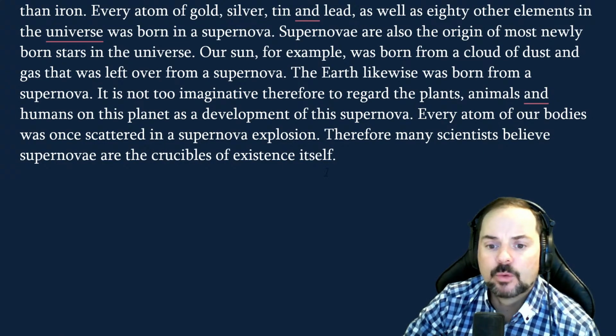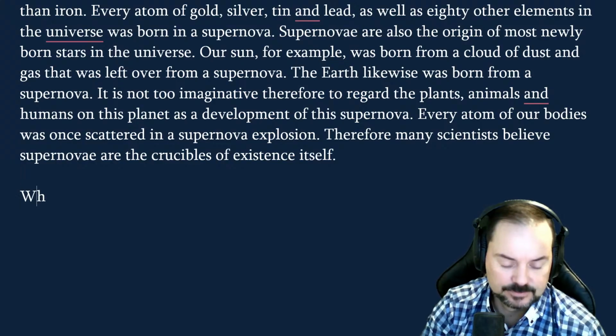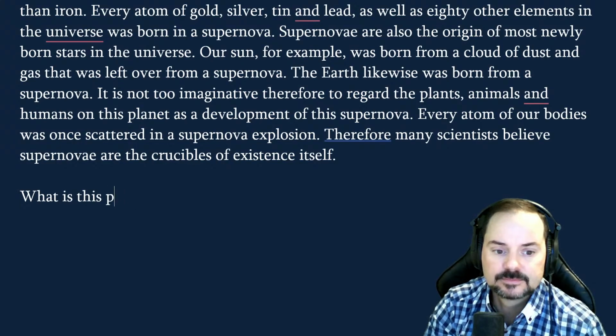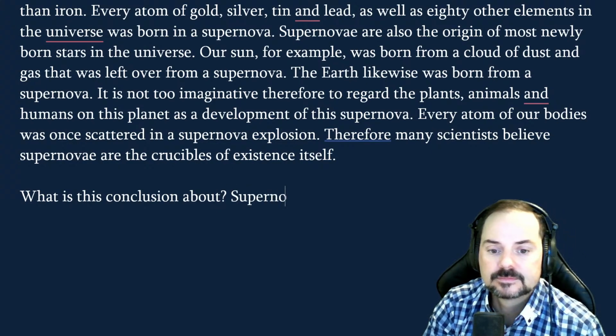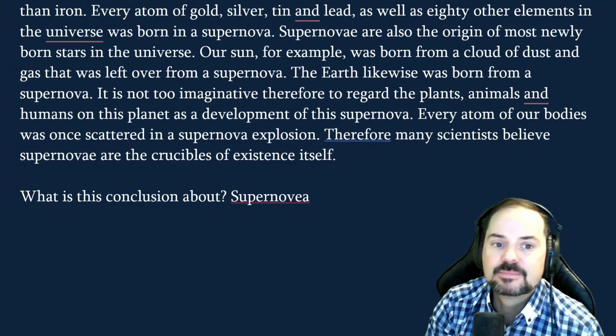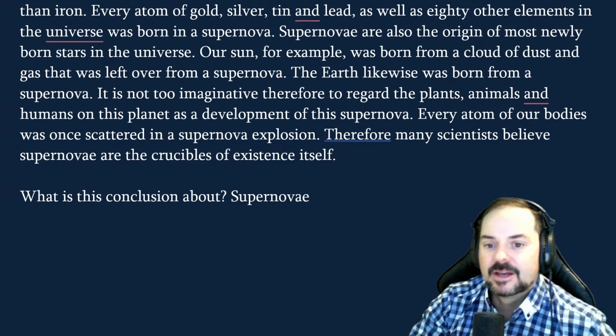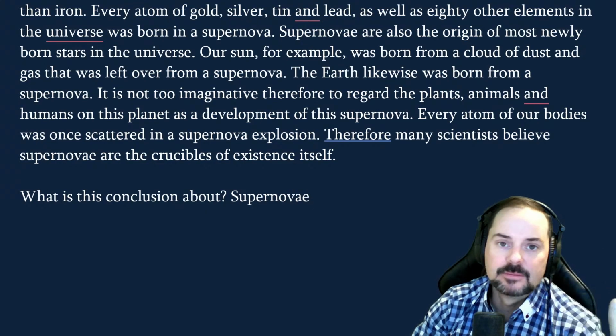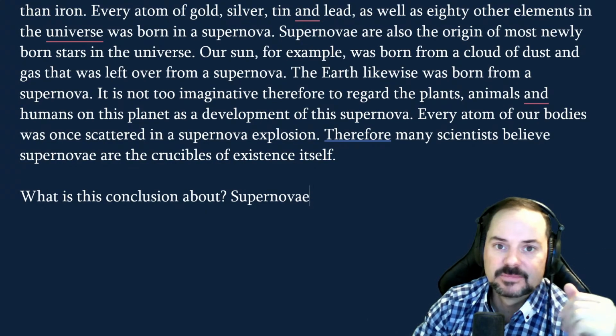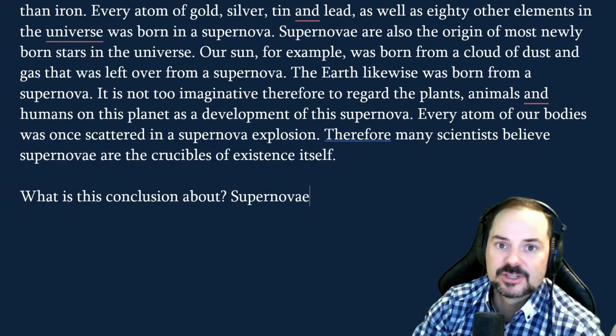Okay, so what is this paragraph about, Lola? It's about supernovas, elements that have in supernova, and I think so. Simple. Let's make it simple. So in this paragraph, you read that supernova create a lot of the elements like gold, lead, tin, creates the sun, creates the stars, maybe created the earth.